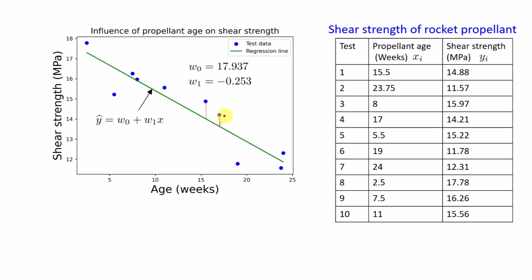The least squares algorithm, what it does is that at each point it builds a square, and then it attempts to minimize the summation of the areas of all such squares. In minimizing that, you can see that the line is not passing through any of them. Probably it is just touching this point. But other than that, it is not passing through any of them. But overall, it has minimized the total area of all such squares.